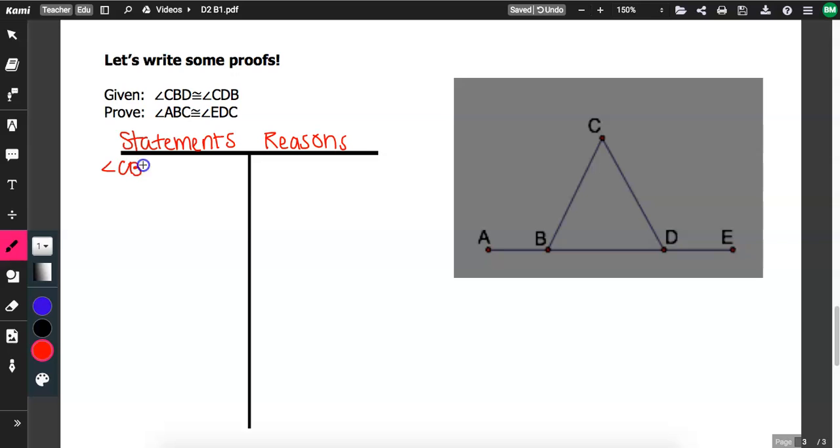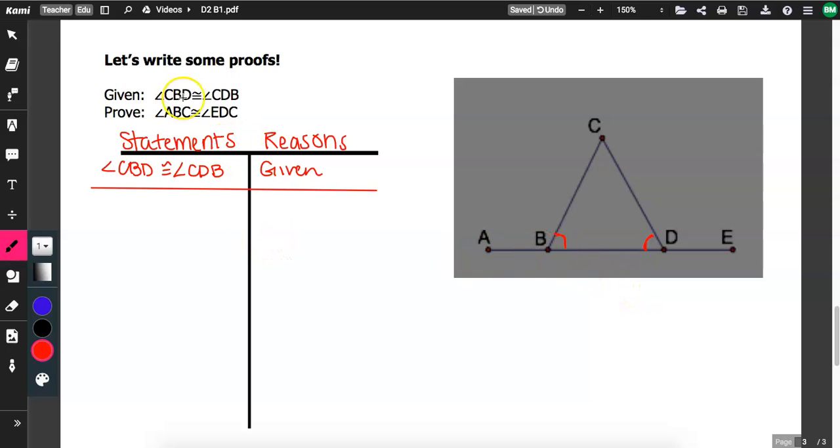Angle CBD is congruent to angle CDB, and you write given every time. That's it. Step one done. So this is true because it's given to us. It's told. After you write that, I would go to your picture and label it to help you remember that statement. So angle CBD is congruent to CDB. So these little arcs I'm drawing tell me that these two angles are congruent.